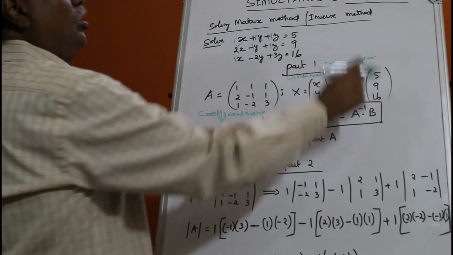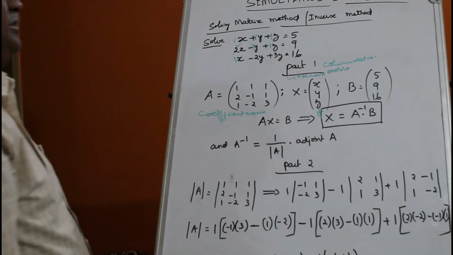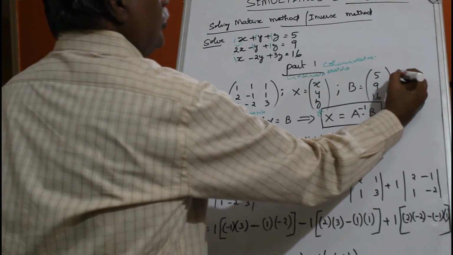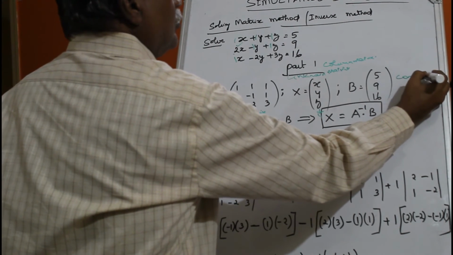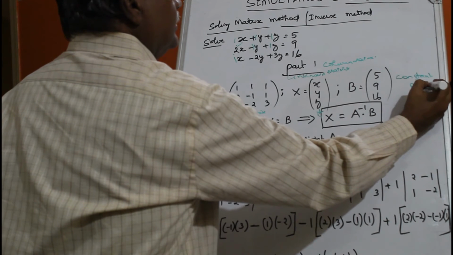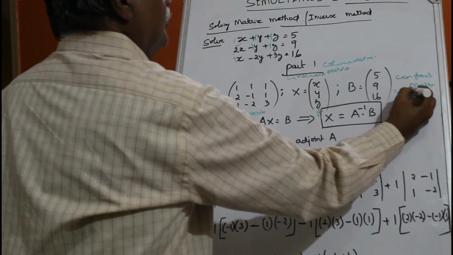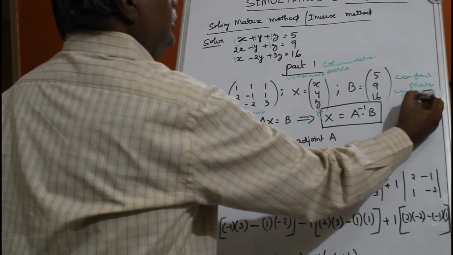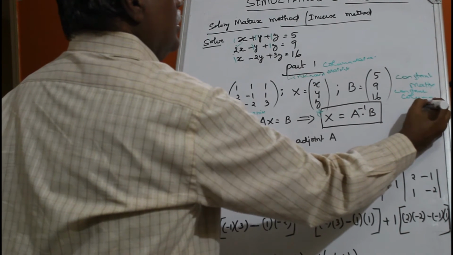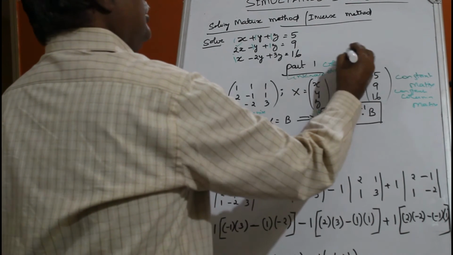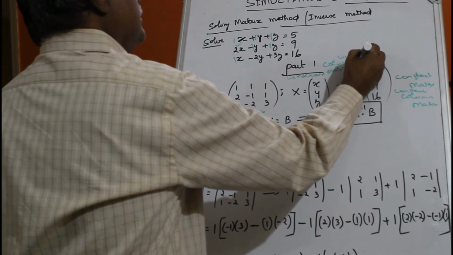So it's also called column matrix or unknown matrix. This 5, 9 and 16 are called constant matrix. It's only one column. This is also called constant column matrix. This is called unknown column matrix.